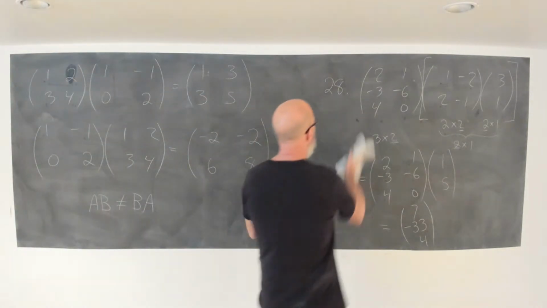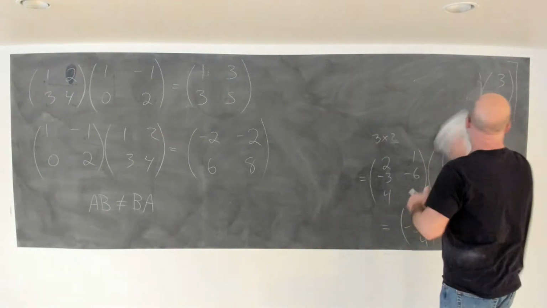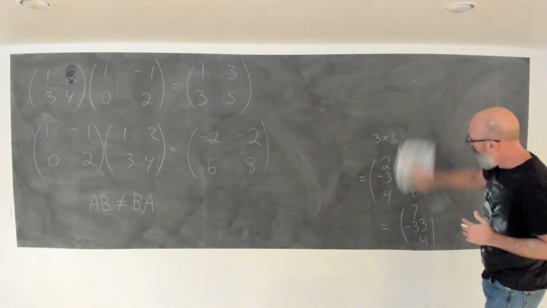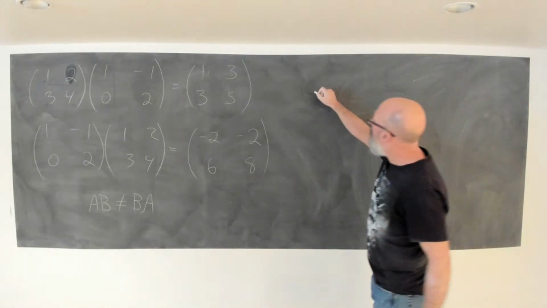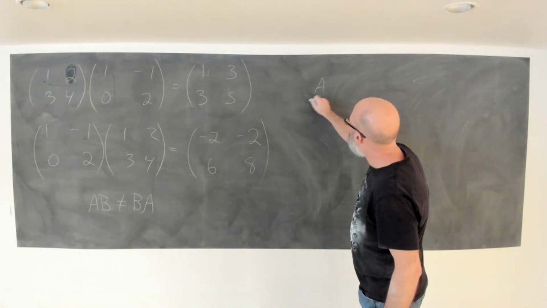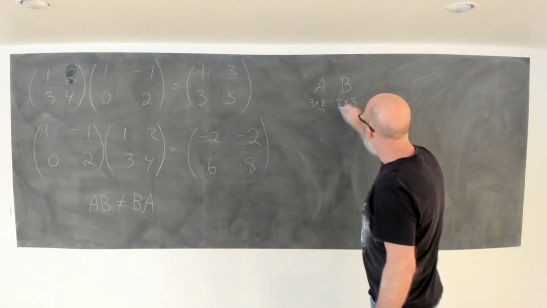Imagine a scenario where you had A as a 3x2 matrix and B as a 2x3 matrix.